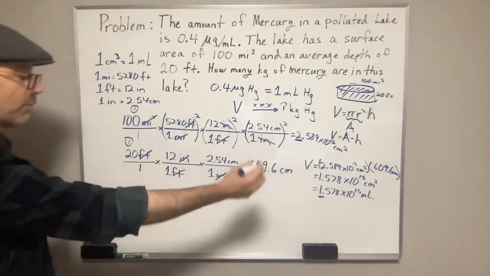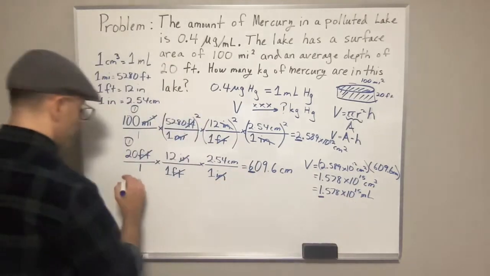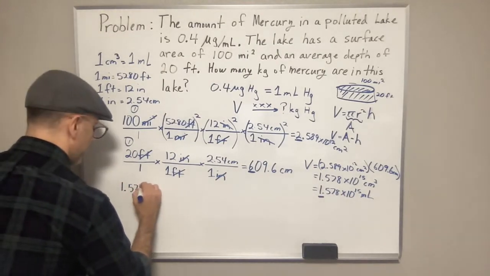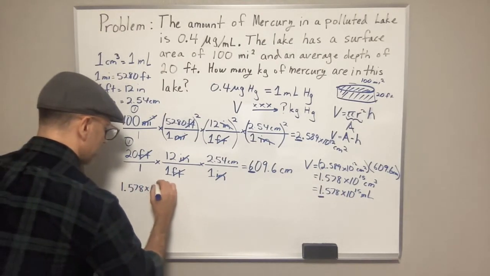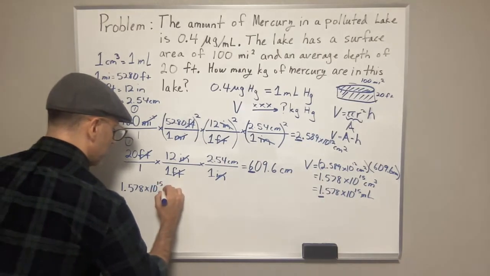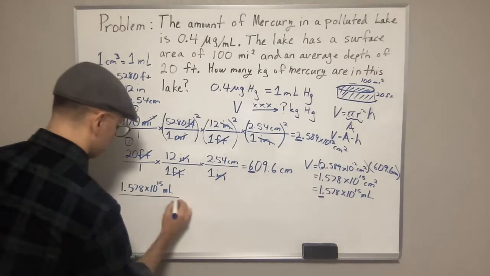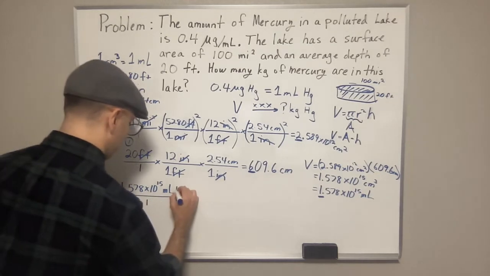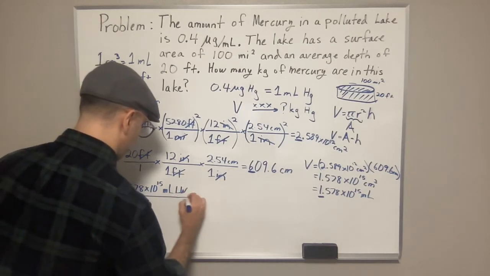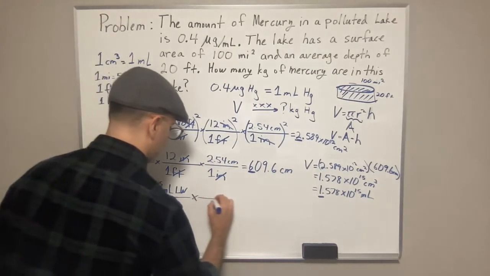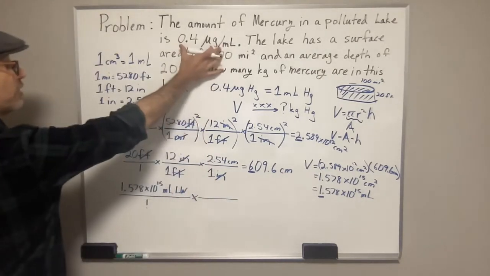Okay, so I'm going to start with my volume here. So I have 1.578 times 10 to the 15 milliliters of lake water. I'll put LW for lake water. Put that over 1, and now I'm going to use my conversion factor here.